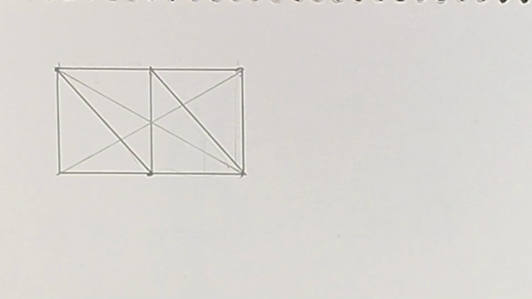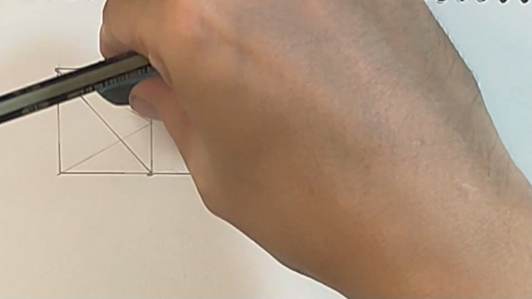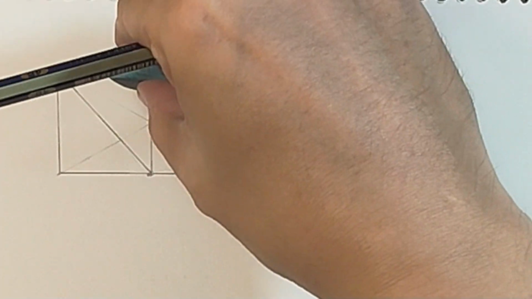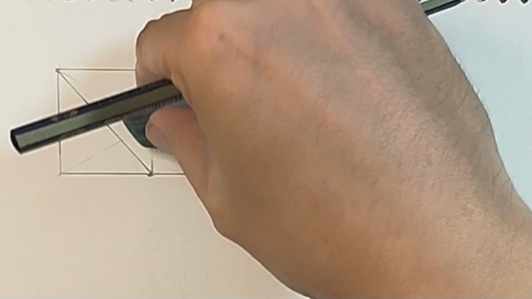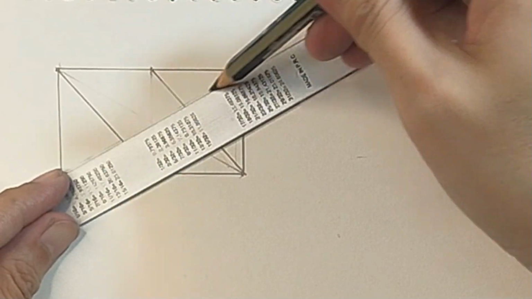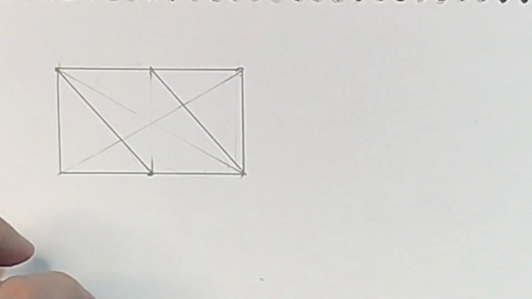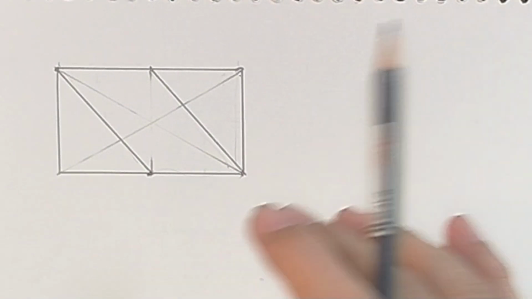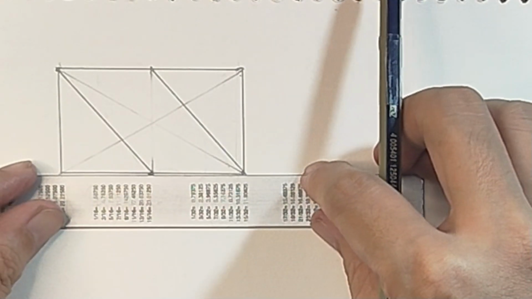So I'm just going to erase a bit the X that we did, just a bit. This vertical line we will no longer need, so you can erase that a bit. So I'm just going to bring back the X just lightly.